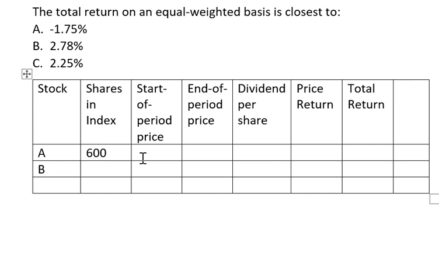The start of period price for A is $40. The end of period price for A is $37.